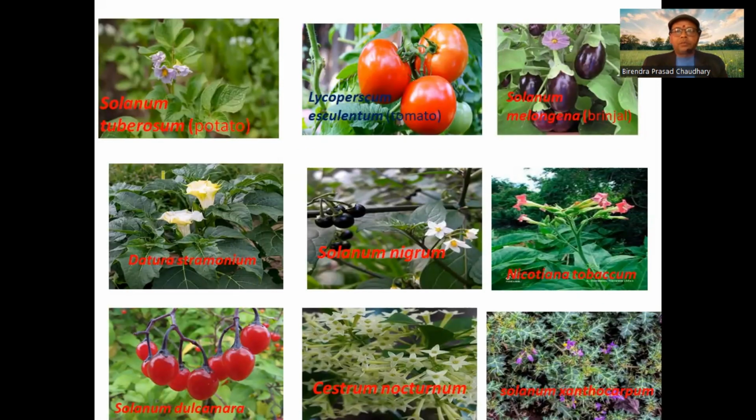Here are some of the important plants of this family, Solanaceae, to which we have to be introduced. These are locally available plants, we are familiar with them, and we use them for daily purposes, like vegetables, decoration, medicine, and in so many other ways. The first important plant is Solanum tuberosum, which is called potato.